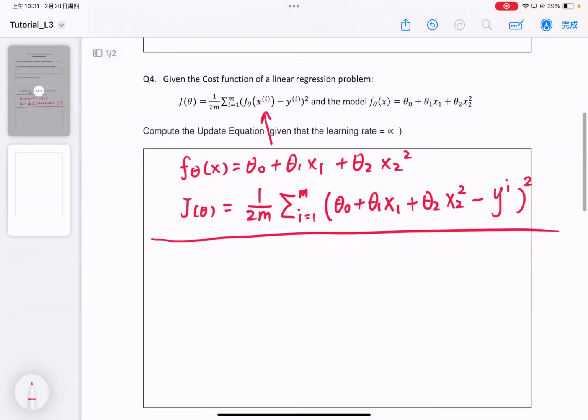Then we need to calculate the partial derivative with respect to theta. We should calculate one by one. Let's calculate the partial derivative of theta 1 and theta 0 first.